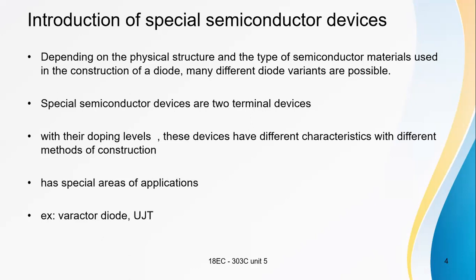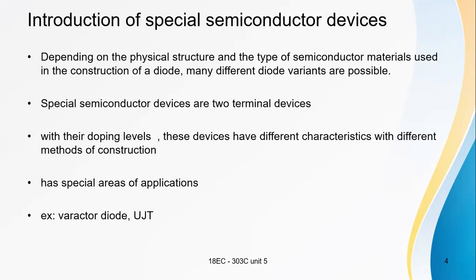Depending upon the physical structure and the type of semiconductor materials used in the construction of a diode, many different variants are possible. Till now, we know only the PN junction diode, with properly doped P-type and N-type material. If these are combined, there will be a formation of one PN junction. Depending on the type of semiconductor material and the physical structure of the diode, there are many different types of devices.